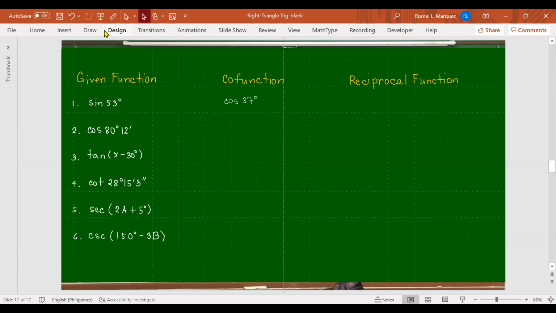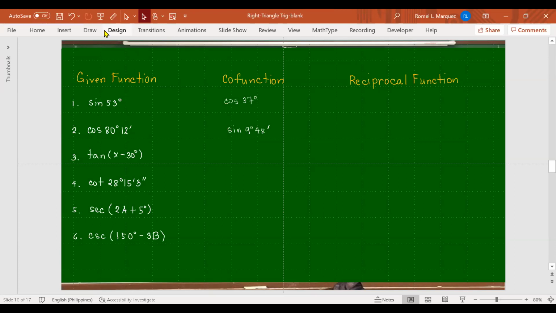What about cofunction muna para madaling mag-isip. Cofunction, sa cosine, anong cofunction? Sine. What's the angle? 9 degrees, 48 minutes.